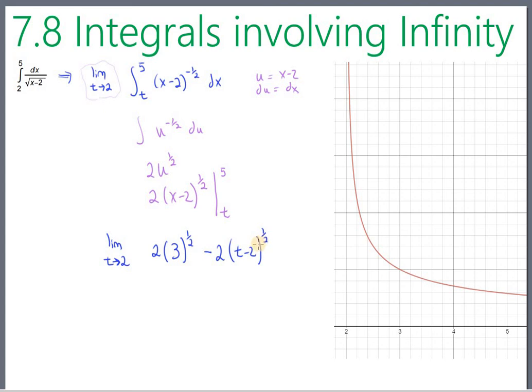That's fine. No domain issues there. So this limit is equal to 2, maybe I'll go back to square root just for fun, 2 square root of 3 minus 2 square root of 0. So just 2 square root of 3.